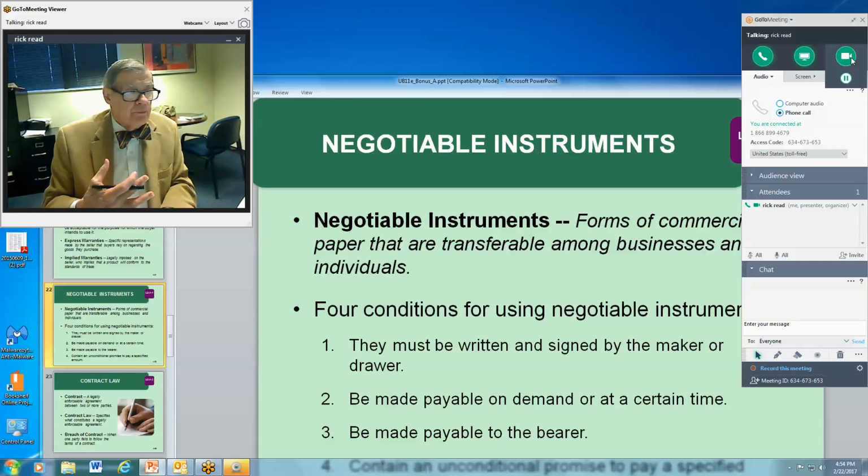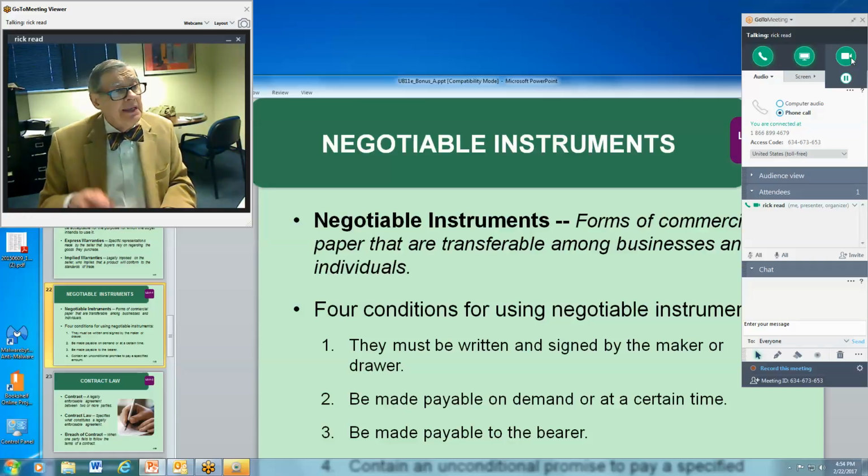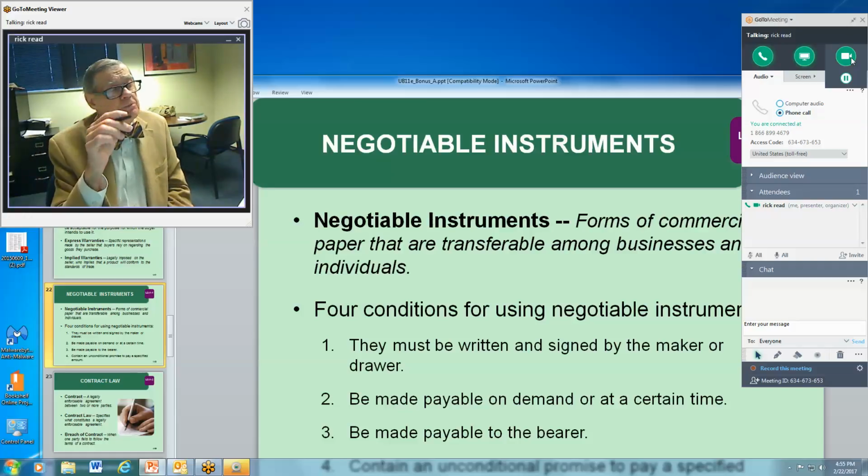So there are 4 particular conditions for using a negotiable instrument. The negotiable instrument must be written by and signed by the maker. No one else can do that. It has to be made payable on demand or at a specific date.